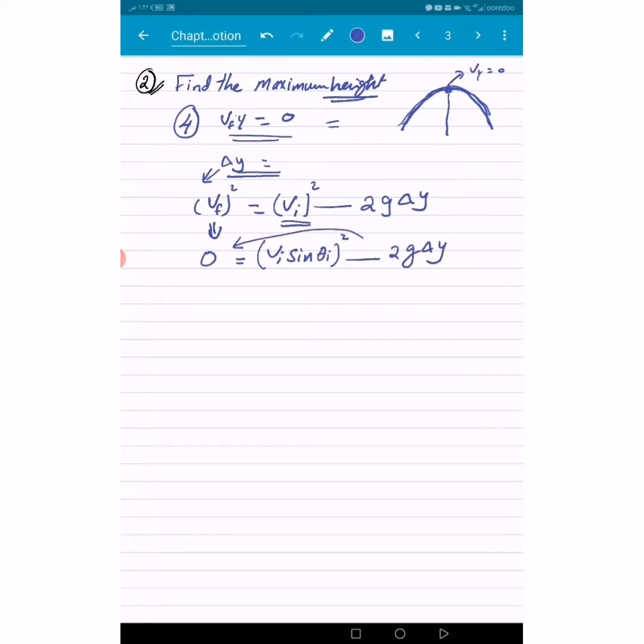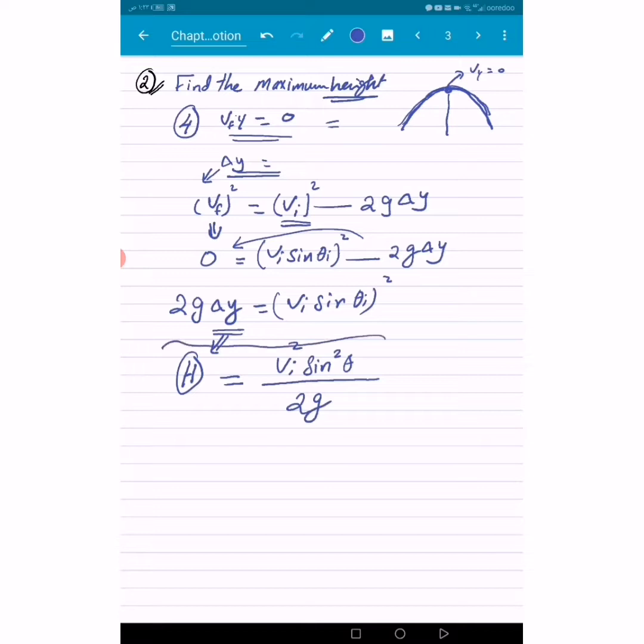Move this to the other side, so 2g delta y is equal to V initial sine theta squared. Just replace delta y with h as the maximum height, so h is equal to V initial squared sine squared theta divided by 2g.